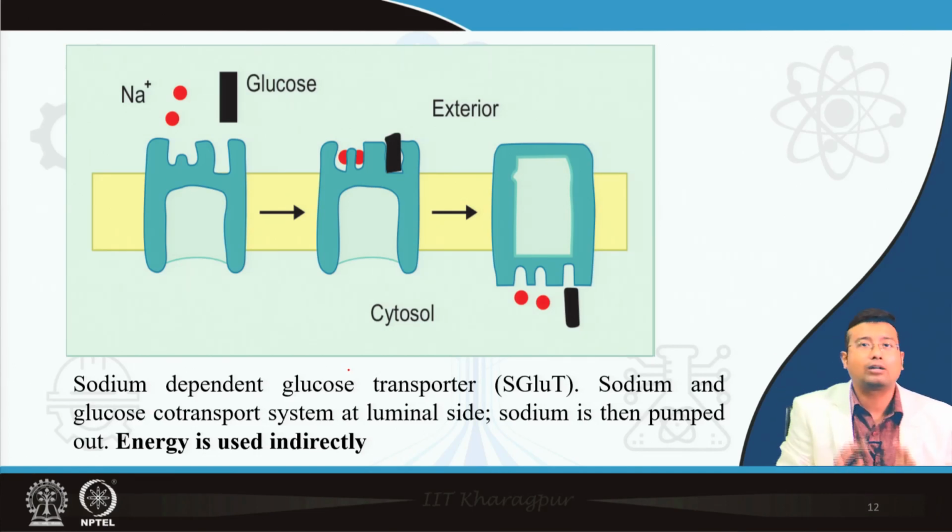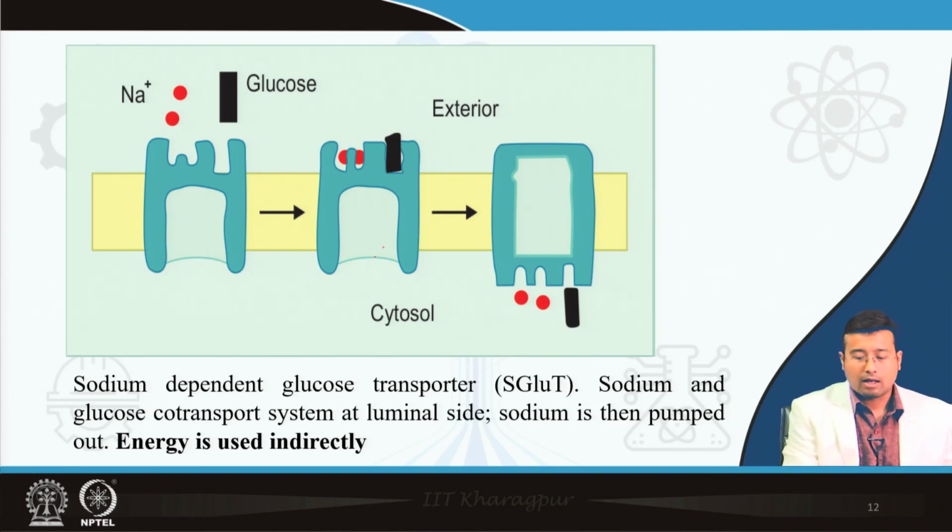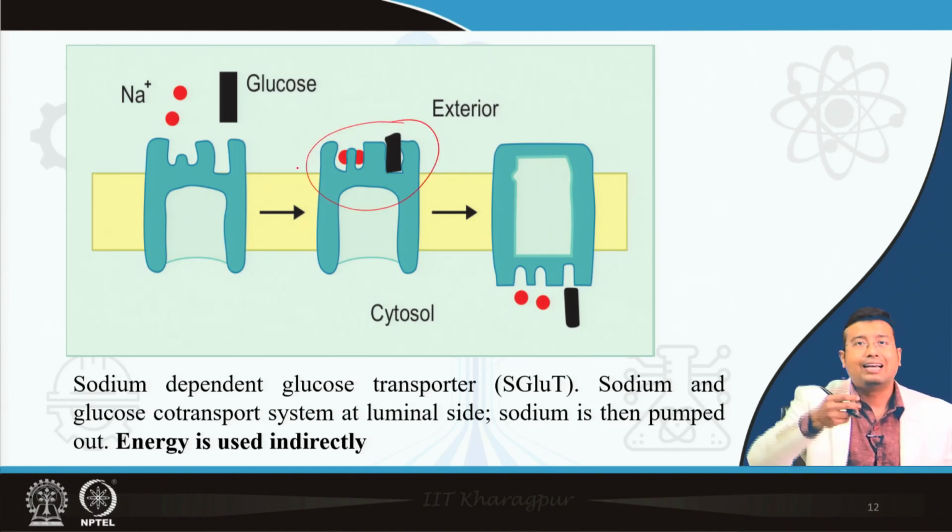This is exactly what happens in the sodium dependent glucose co-transporter, right? So SGLUT, it can also be termed as SGLT. Okay. So what it does: glucose alone is not allowed. Only when sodium is there, with both sodium and glucose attached to this transporter, does the transporter then turn the direction.